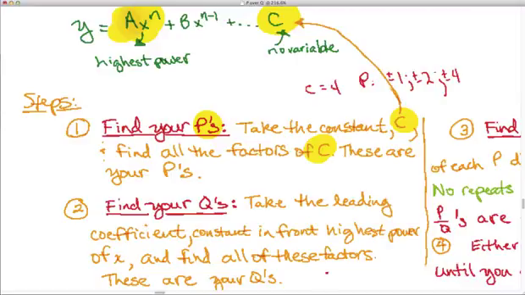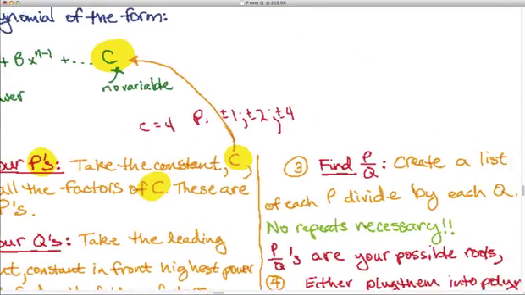Q would be plus or minus 1, plus or minus 3. Then what you do is you create a list of P over Q.